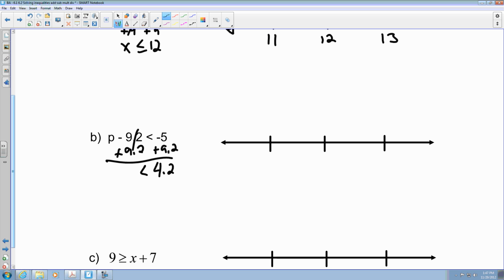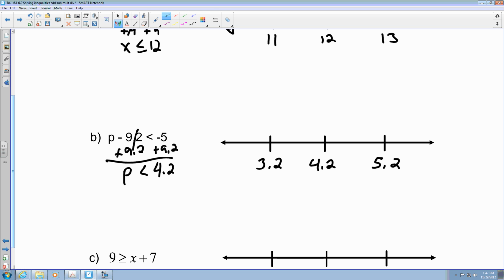So here we've got less than, and I have P. So here, I'm just going to put down 4.2, and I'm just going to put 5.2, and I'm going to put 3.2. If you wanted to put 3 and 5, that's fine as well. I'm just making sure that you can identify how to draw the graph once you find the solution.